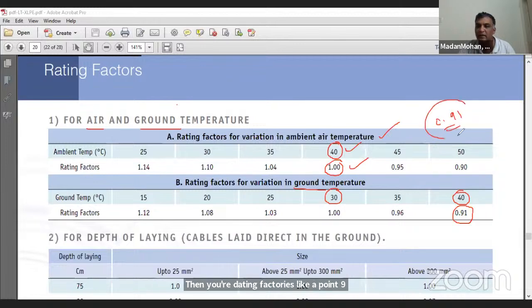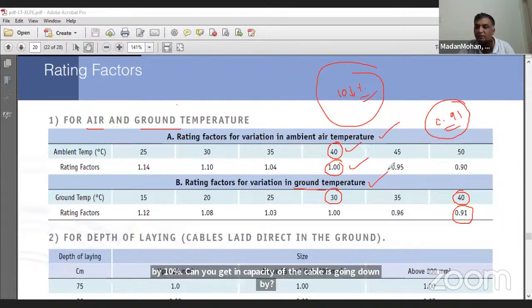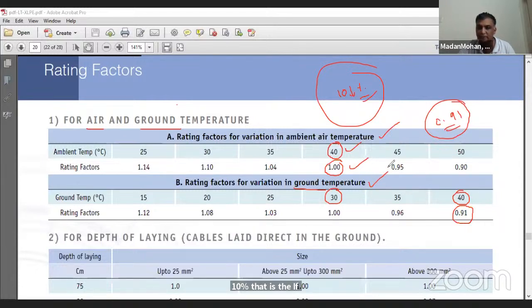What does it mean? 0.91 means the current carrying capacity of the cable is going down by about 10%. That is the effect of ground temperature. Like that, we consider various factors like depth of laying.